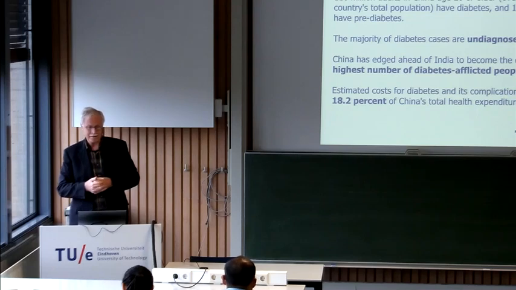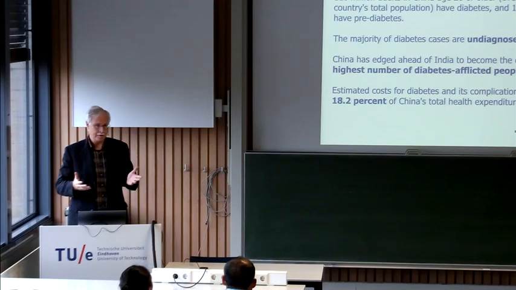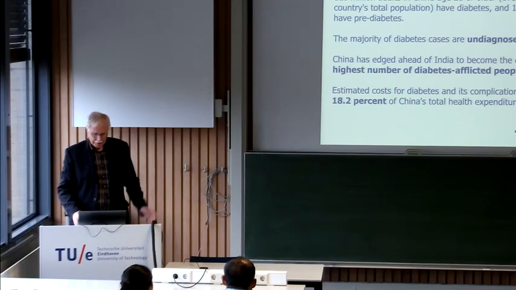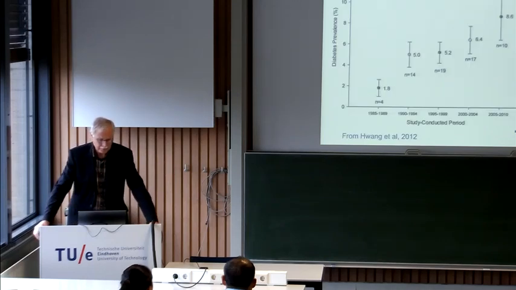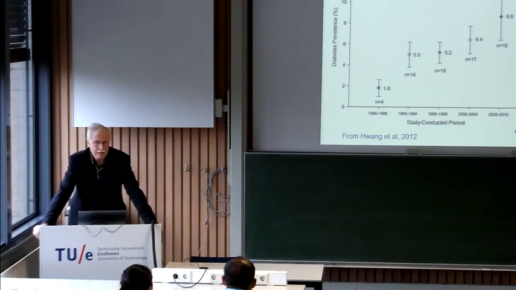And the second reason is that there is a genetic component. So there's more vulnerability in the Asian population because of the genetics. And of course, we cannot help it. So the estimated cost for diabetes is already very, very high. The interesting part is, if you look at the literature, people have measured diabetes a long time.